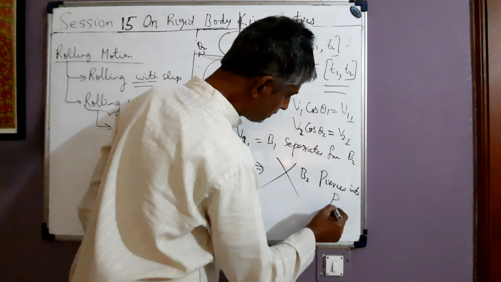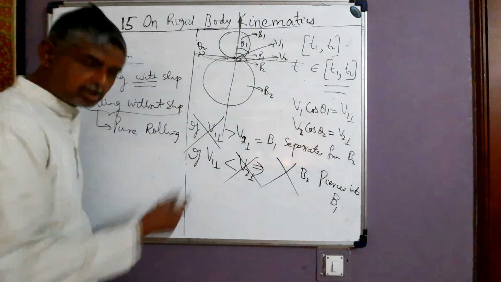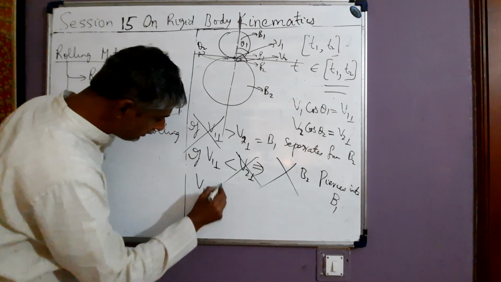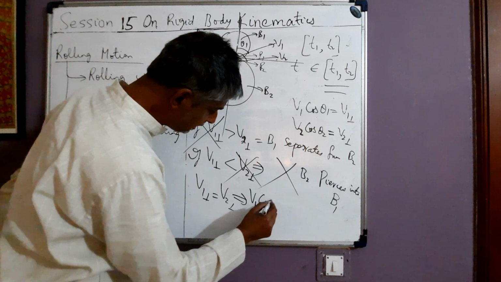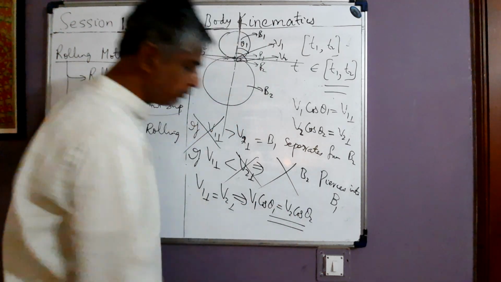There is only one thing left. What is that? V1 perpendicular is equal to V2 perpendicular. That is, V1 cos theta 1 is equal to V2 cos theta 2.